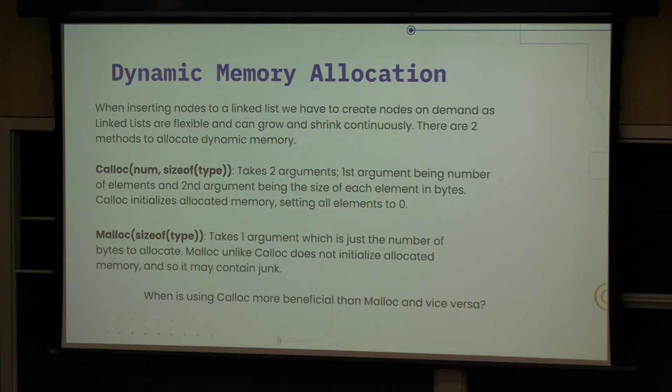Yeah? So when using calloc, if we want to, for example, use a matrix, it's better to just use calloc because we're always going to set each member of a matrix to 0. So that's a better example of when to use calloc.